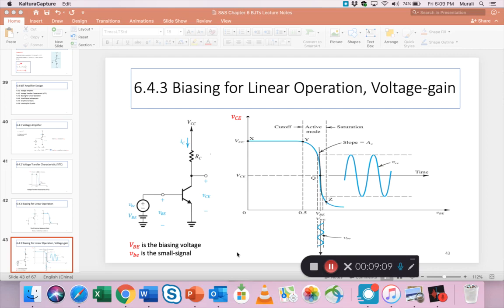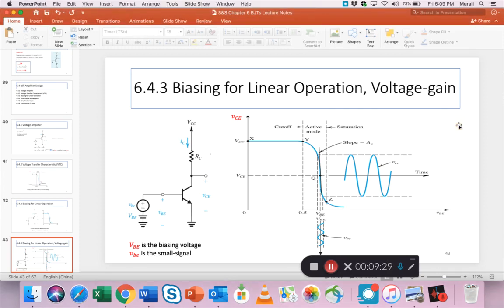Okay, so this shift, this relationship between the input and the output, is what is interesting, and that is where we start to define the small signal operation and the small signal gain and so on.